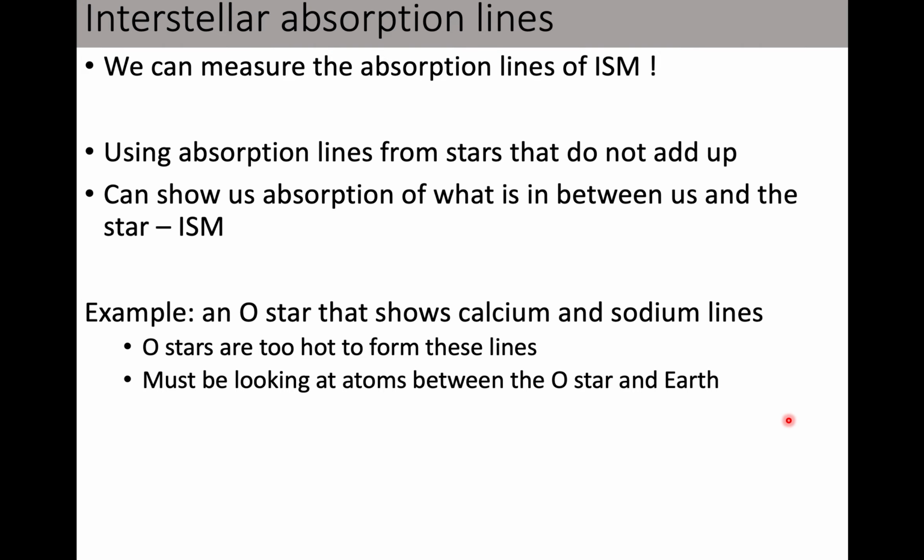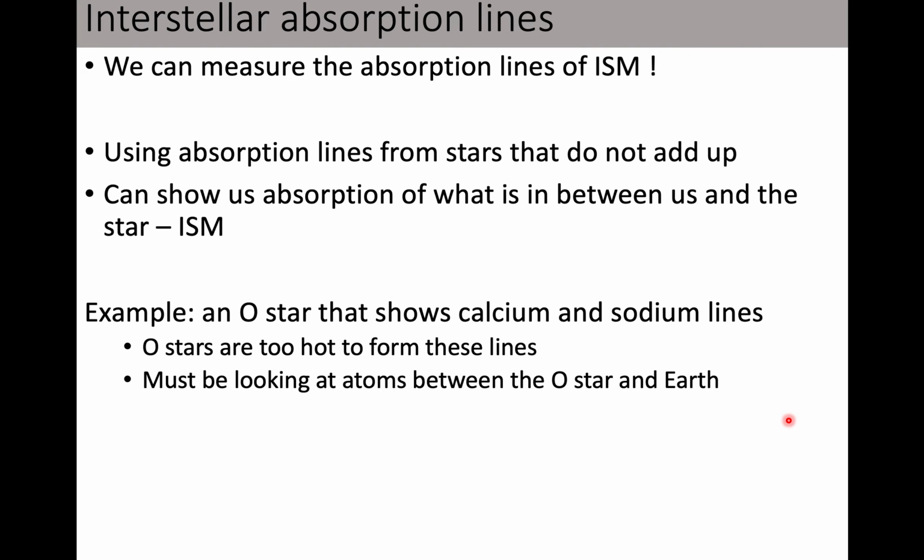So for example, if we had an O star, a very, very hot star, and it shows absorption lines of calcium and sodium, we know that that's not true because O stars are too hot to form these lines. So we must be looking at atoms that are in between the O star and Earth. We must be seeing the effect of atoms in between, which would be that ISM material.